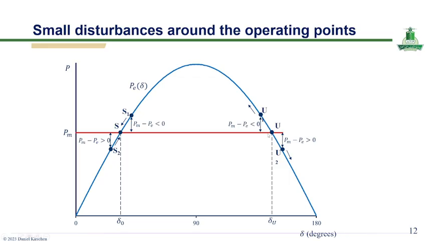In contrast, around the right operating point of U, any small disturbance leads to divergence from the equilibrium, since the imbalance between PM and PE amplifies the deviation. So this demonstrates the difference between stable and unstable operating points in a power system under small signal disturbances.